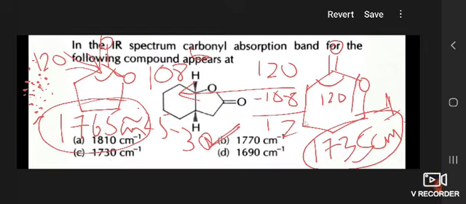So guys, you just have to add 25 to 30 units to the basic IR stretching frequency value. Suppose it is a cyclic ketone. As we know, in the cyclic ketone the carbonyl carbon is sp2 hybridized, so again it requires a 120 bond angle. If the cyclic ketone is 5-membered, that means the ring size decreases by one carbon, then again we have to increase the IR stretching frequency by 25 to 30 units.